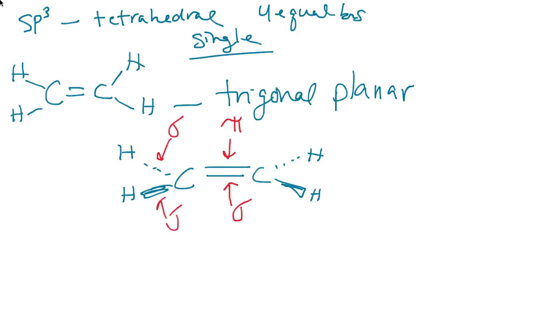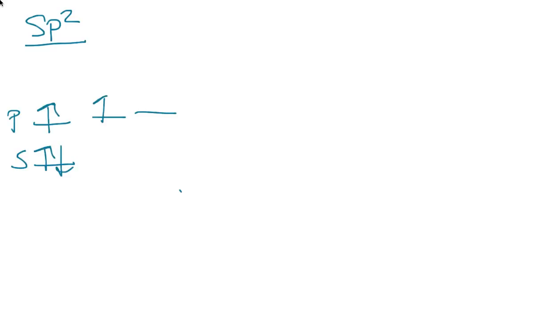Okay, so let me clean this up and show you sp2 hybridization. So again, if you think about the orbitals that we start with for carbon, instead of mixing all 3 p's with the s and coming out with 4 equal orbitals, we want to combine only 3 of the orbitals. We're going to combine 1 s and 2 p's, and then leave 1 left alone.